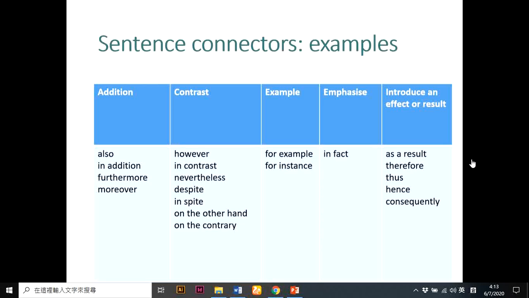Sometimes they're used for addition, sometimes for contrast, for example, to emphasize information, or to introduce an effect or a result. However, these words are not always interchangeable, and these are not the only way of connecting ideas.